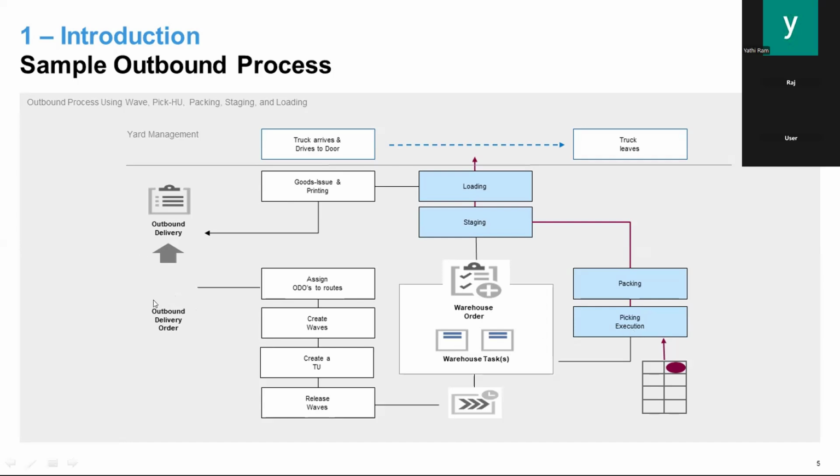When we create the outbound delivery in the S4 system, it creates the outbound delivery order in EWM and it will create the waves. Waves club the outbound delivery order items into one single wave based on the shipment.